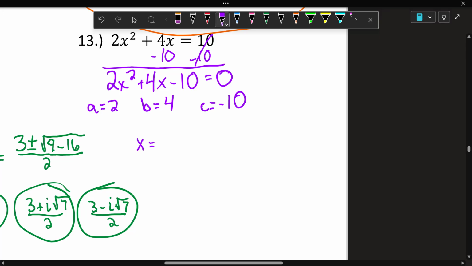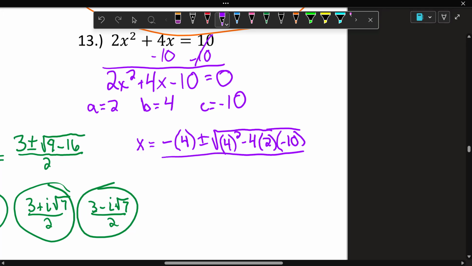So again, x equals negative b plus or minus the square root of b squared minus 4 times a times c, all over 2 times a. So we get negative 4 plus or minus the square root of 16. Negative 4 times 2 times negative 10 is positive 80, over 4.